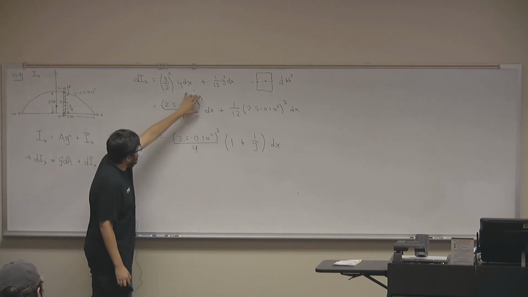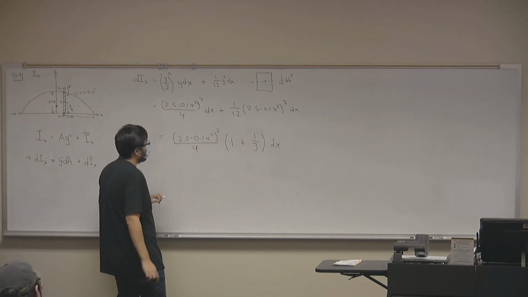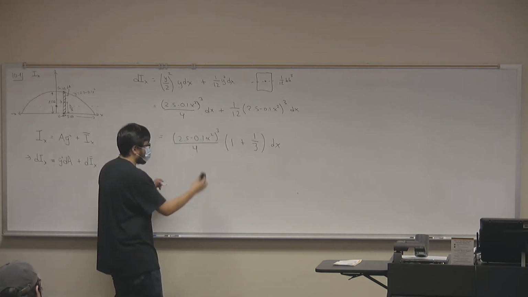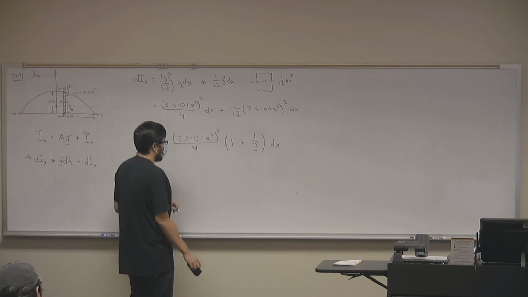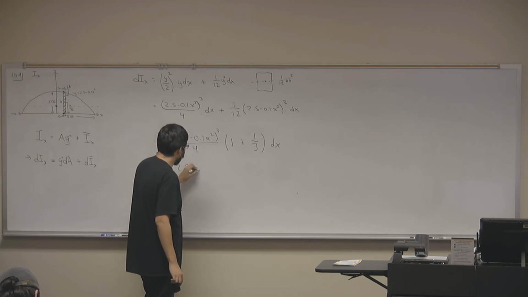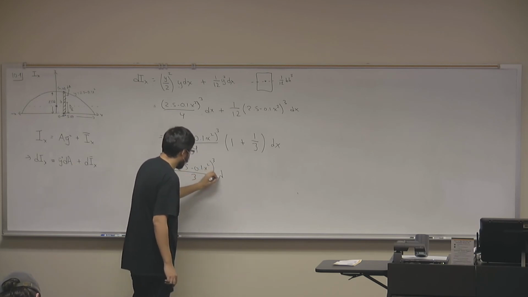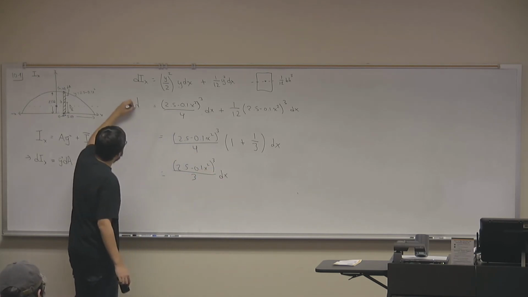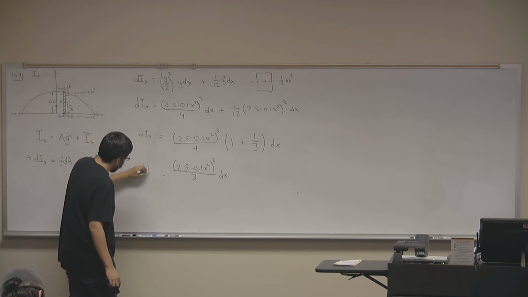I factored out this and then just the 4. I think that's correct. What's 1 plus 1 over 3? 4/3, right? So the 4 cancels with the 4 over 3. So (2.5 minus 0.1 x squared) cubed over 3 dx. So my dIx equals all this.